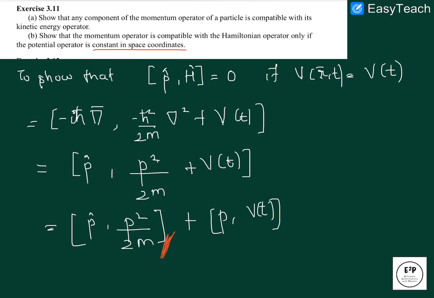So our function over here is P and its function P square. So this will obviously reduce to 0. Now we have to see how the other commutator will go. So minus i h cut into gradient of V of t.